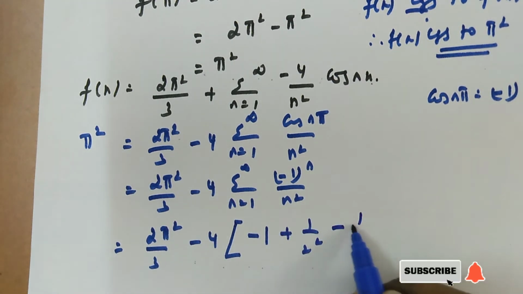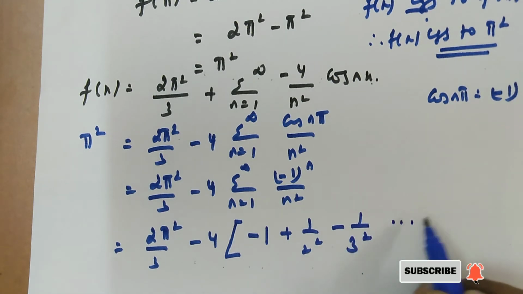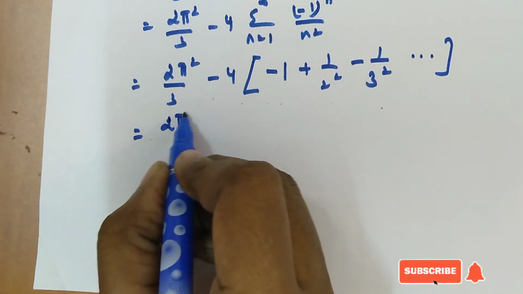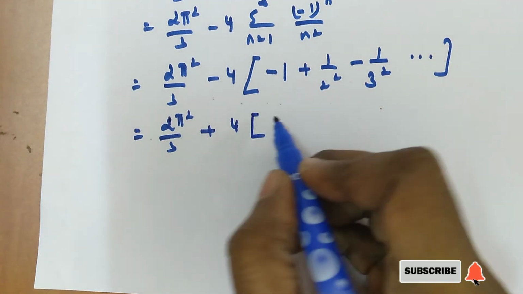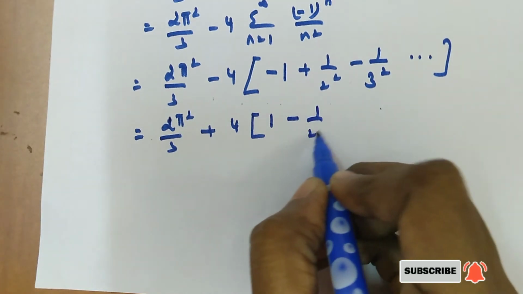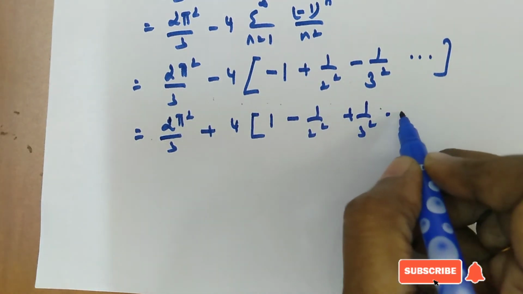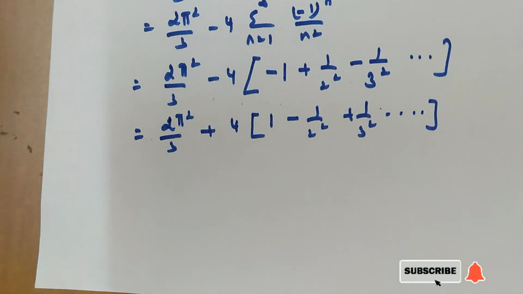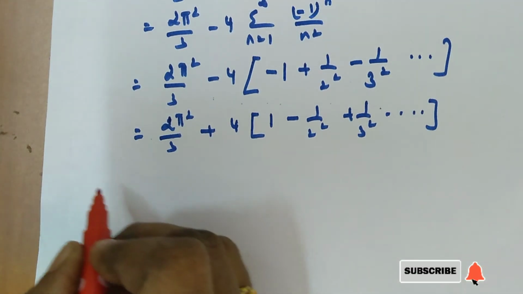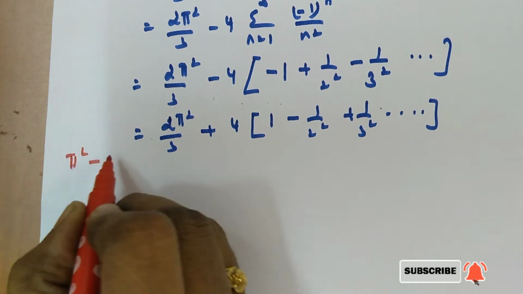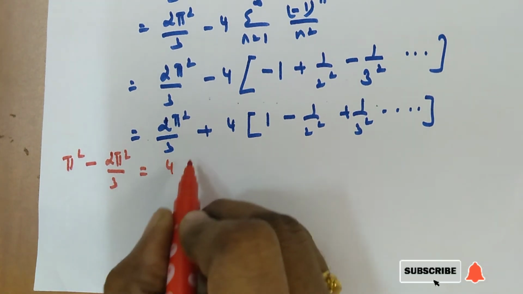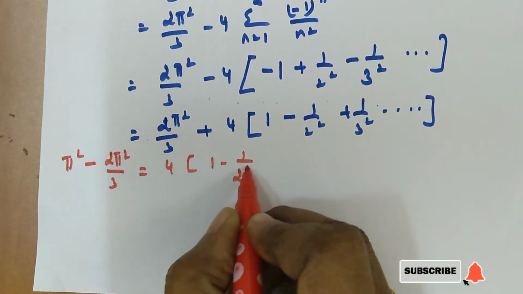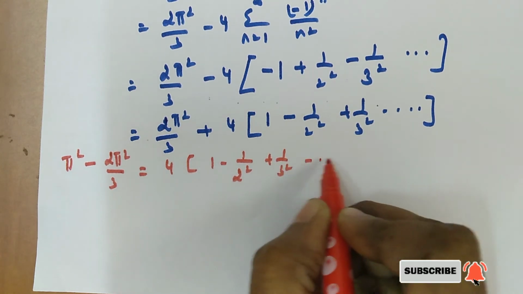Then the next one is minus 1 by 3 square, etc. So if you are multiplying with that, this can be written as 2 pi square by 3 plus 4 into 1 minus 1 by 2 square plus 1 by 3 square, etc. So this can be written as pi square minus 2 pi square by 3 equal to 4 into 1 minus 1 by 2 square plus 1 by 3 square minus etc.